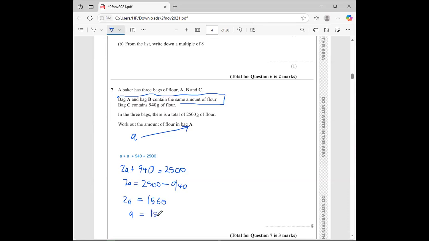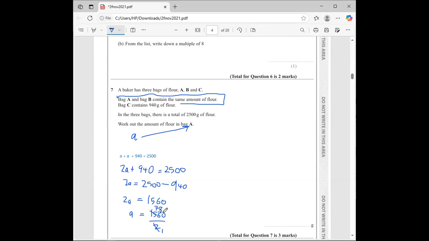So, I know you can use your calculator, but maybe we should just use this as practice. 2 in 15 is 7. Remember 1. 2 in 16 is 8.